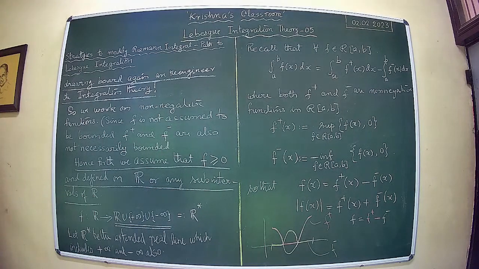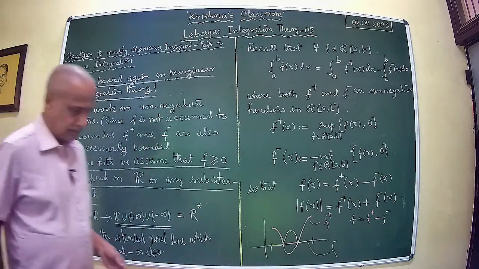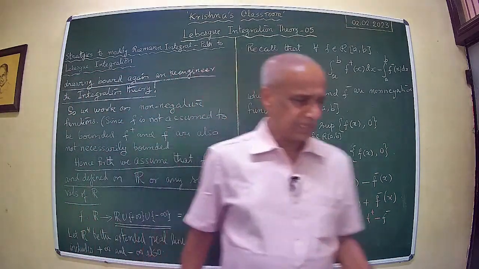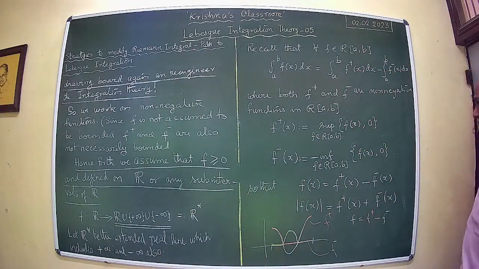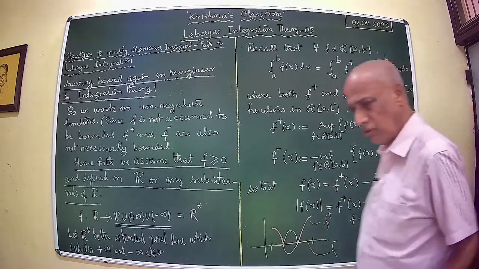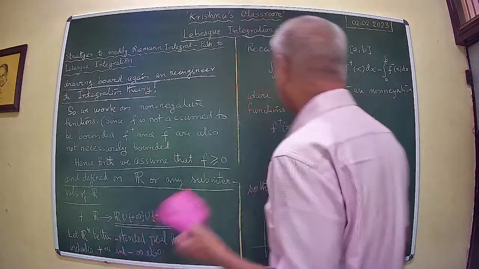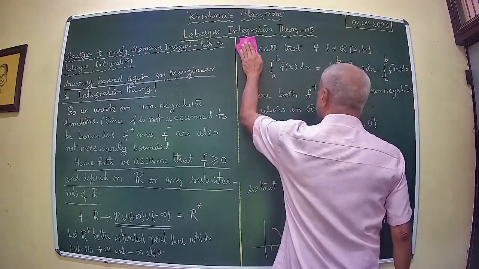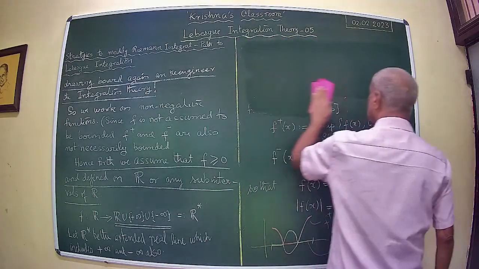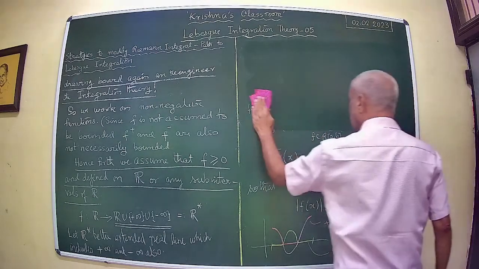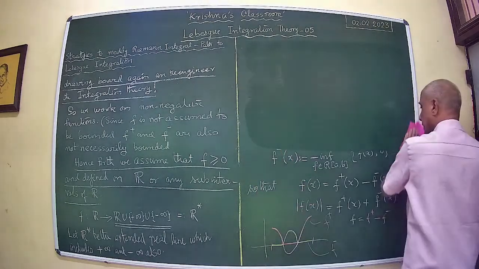This was our strategy. Can all this, upper integral, lower integral, be really made use of given that f is bounded and you are working on a compact interval? Okay, so let us now see what we can do in the new scenario.